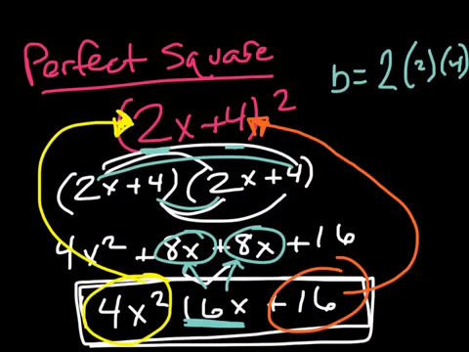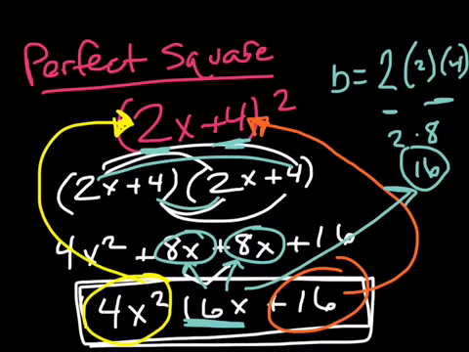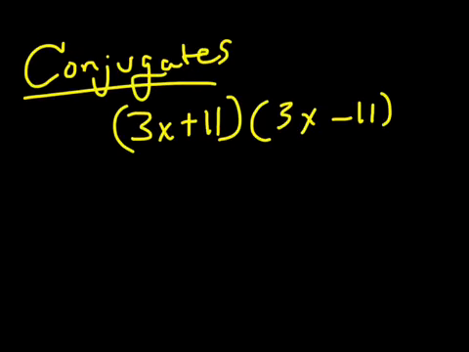So we take the two terms from in here, multiply those together, and then multiply that by 2. So 2 times 4 is 8, times 2 is 16. And that's where we get that middle term from. So I know this kind of looks like a mess now, but we'll look at some examples to hopefully clear that up. All right, so that's perfect squares.